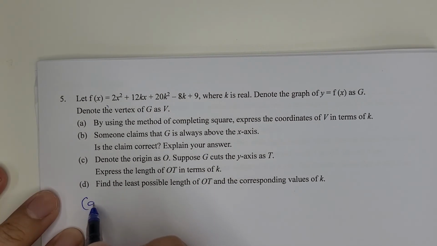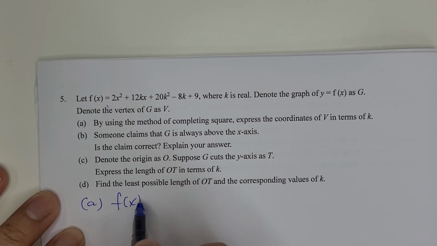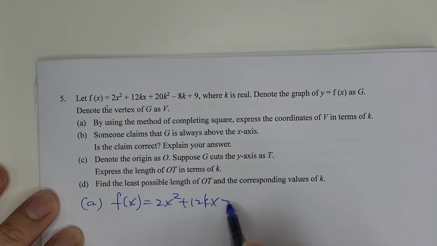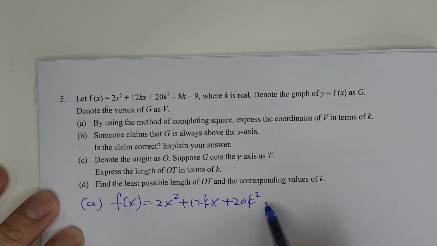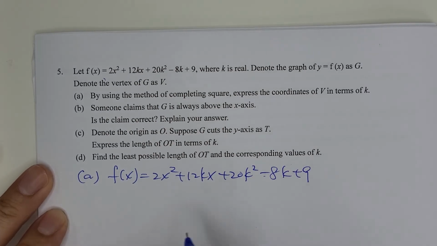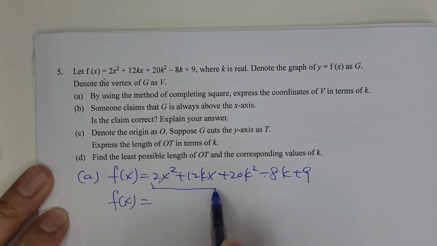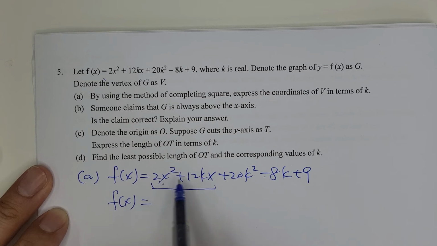Alright, so let's start. f(x) equals 2x squared plus 12kx plus 20k squared minus 8k plus 9. As you can see, you can take out the number 2 here for the first two terms. For the terms related to x squared and x, you need to take out the coefficient of x squared.